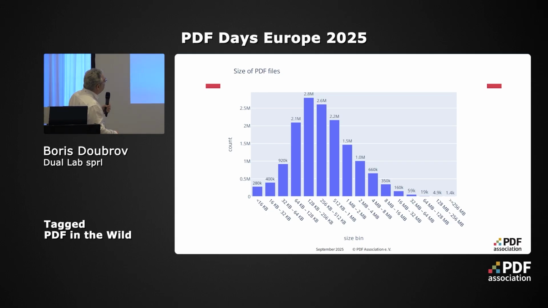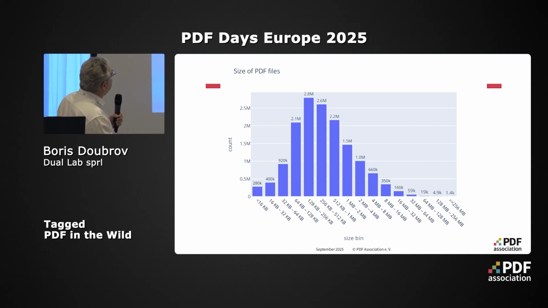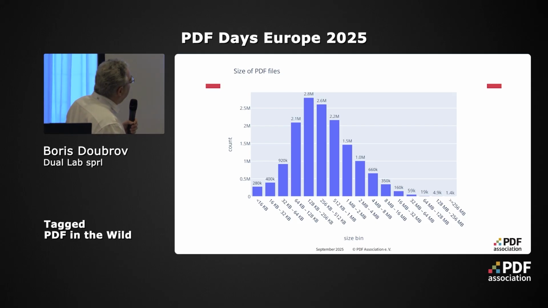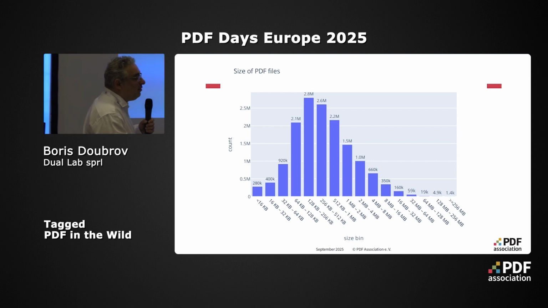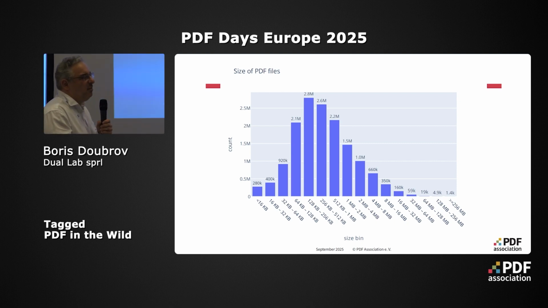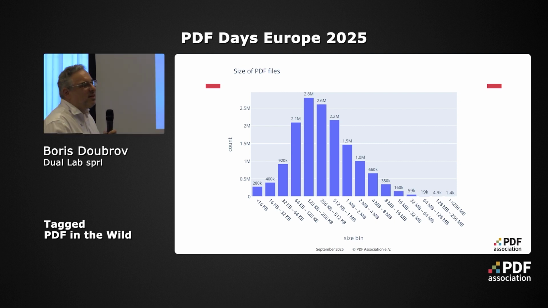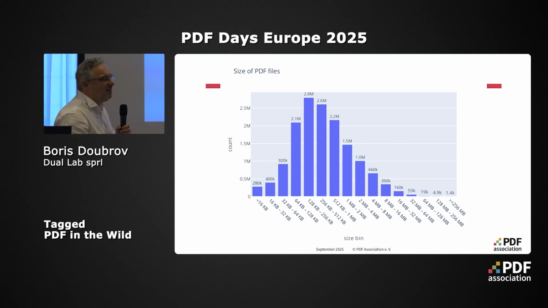What's probably most interesting for us to see here is that the peak is actually around 200 kilobytes. So the median of PDF documents is here.